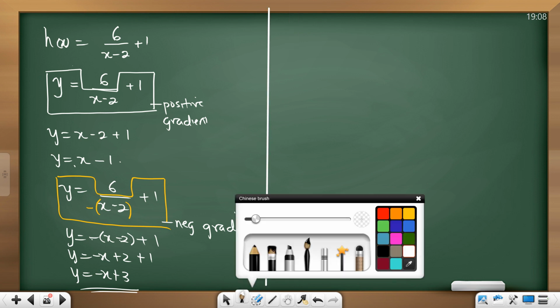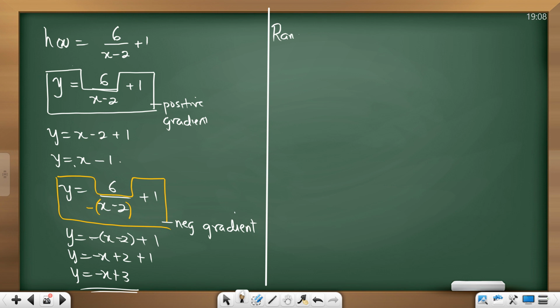What is the range of a hyperbola? All values of y, but y cannot be equal to the asymptote. What is the domain? All values of x, but x cannot be equal to the asymptote, p.